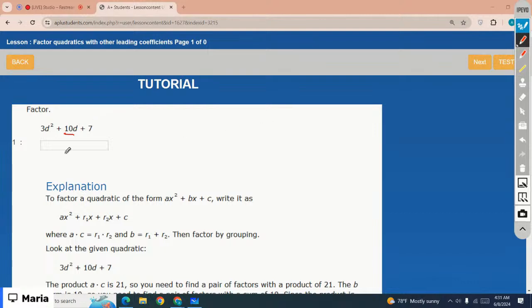If you multiply them, you have a times c. 7 times 3 is 21. If you multiply them, you have 21, and if you add them, you have 10, right? So that is 7 plus 3, because 7 times 3 is 21. You can write 10d as 3d plus 7d.